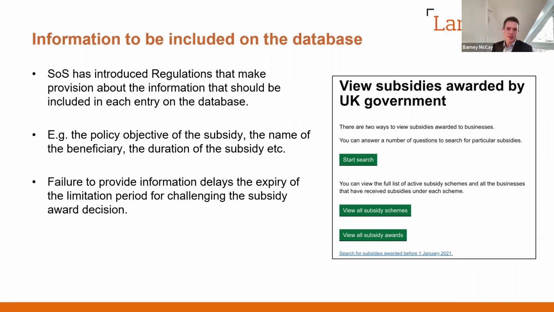So, for example, for a subsidy scheme, the authority needs to provide details like the name of the subsidy scheme, the amount budgeted for the scheme, the form of the subsidy under the scheme, the sector for which the subsidy scheme is available, a pretty detailed description of the subsidy scheme, the policy objective which the scheme is designed to promote, and much more.